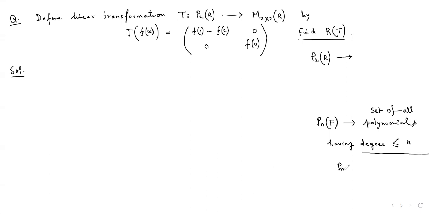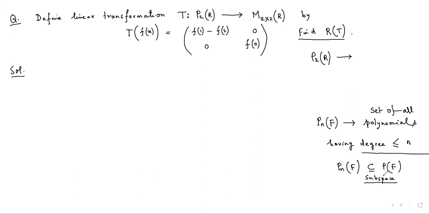And this P_n(F) is actually a subset of P(F). It is not implied when you say that it contains only polynomials of degree n. That means only terms like x to the power n.